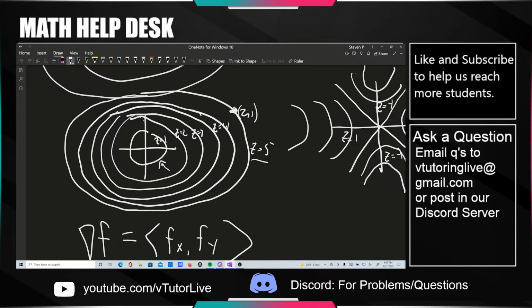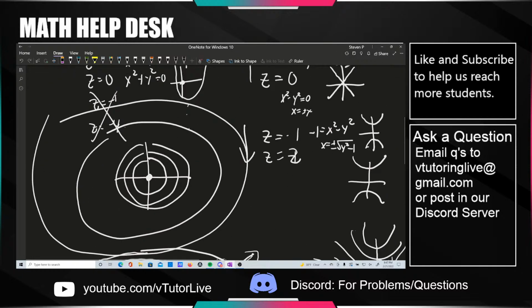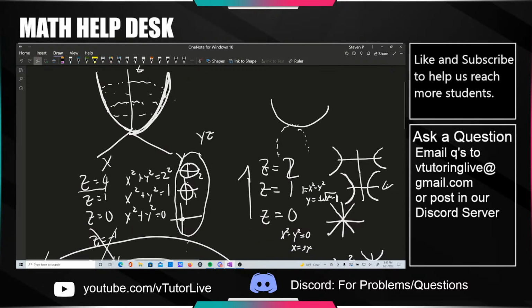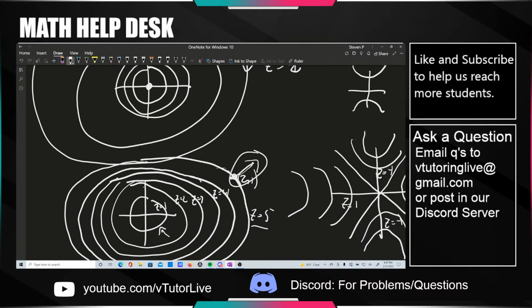It's generally true that the direction of steepest increase is perpendicular to the contour line, and that's especially easy to see because we have circles. So the direction of the gradient has got to be directly outwards rather than inwards, because the gradient is the direction of steepest increase, and with this particular shape, the further out you go, the higher you go. So that's the justification for that.